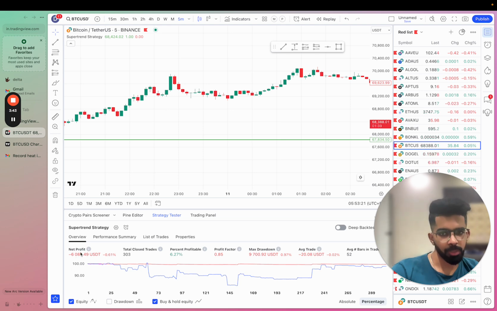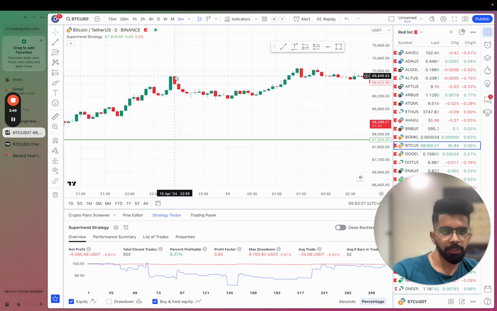Now if you automate this code using the previous videos, you will be able to execute the trades on your Delta Exchange account. This strategy has a net profit of minus $6,085 if done on the 5-minute time frame. The total trades done are 303. Percentage profitable is 6% of the trades, which means that out of 100 only 6 trades are profitable. Profit factor is 0.85. It means that if you are losing $100, you are winning only $85.